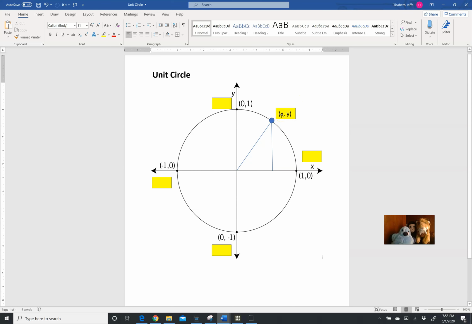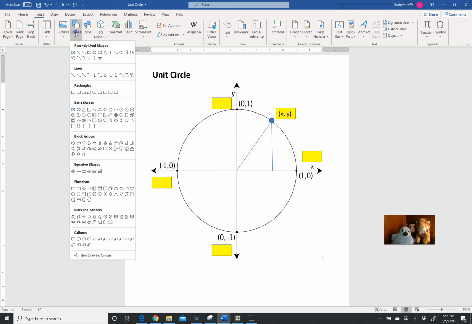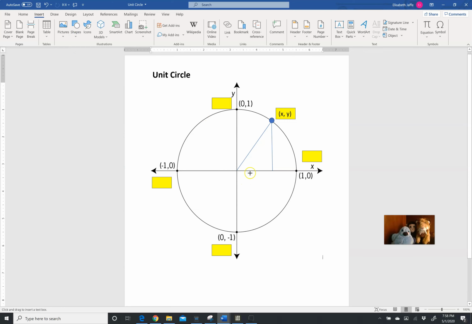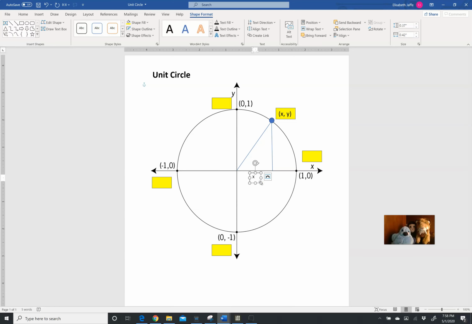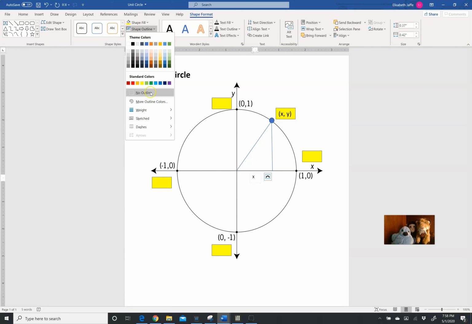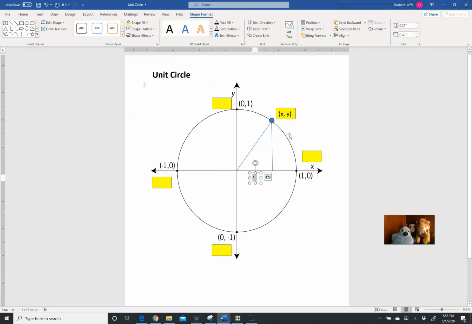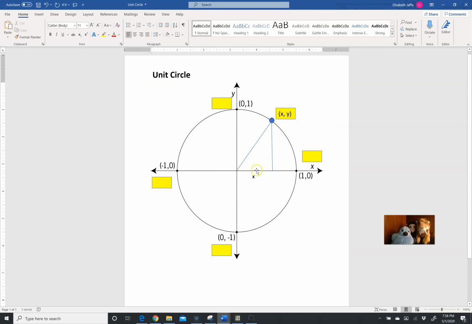Because if this is equal to x, okay, then this distance here is equal to x. So let's put that in there. This distance is equal to x. And if this distance from here to here is equal to x, then this vertical distance is equal to y.